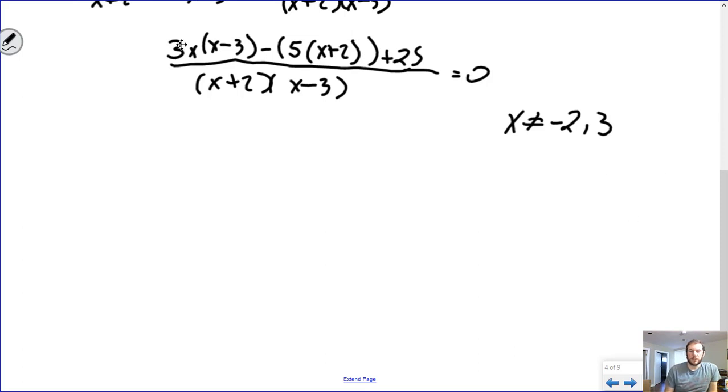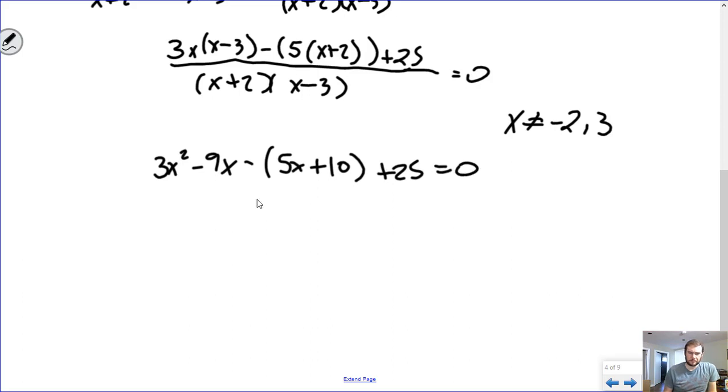So let's solve for x by looking at just the numerator. 3x times x is 3x squared, and 3x times negative 3 is negative 9x. The negative is going to stay there for a second. 5 times x is 5x, and 5 times 2 is 10, and then plus 25 equals 0.